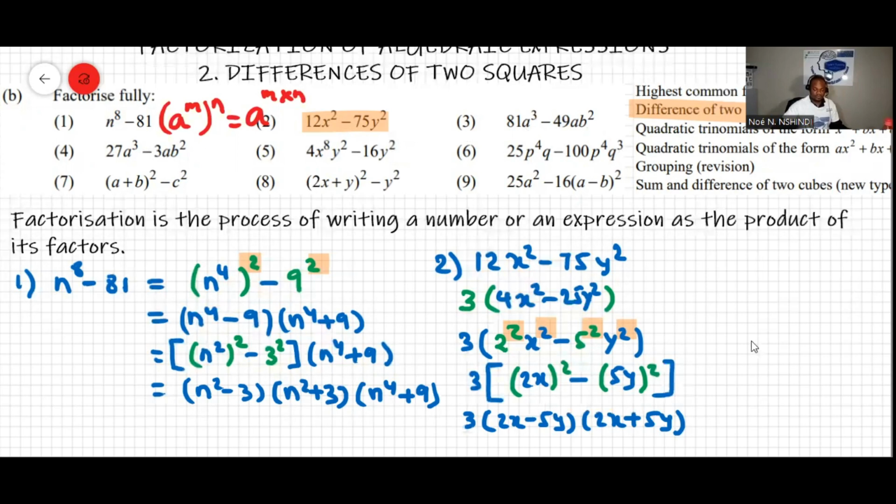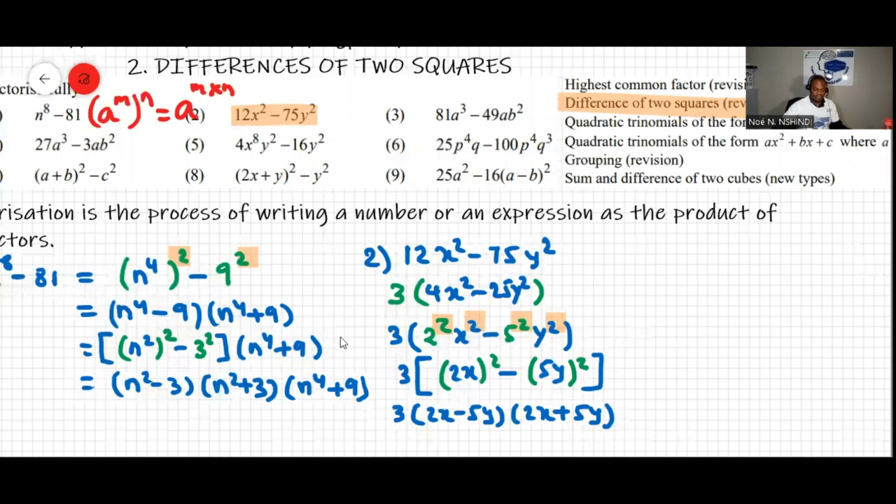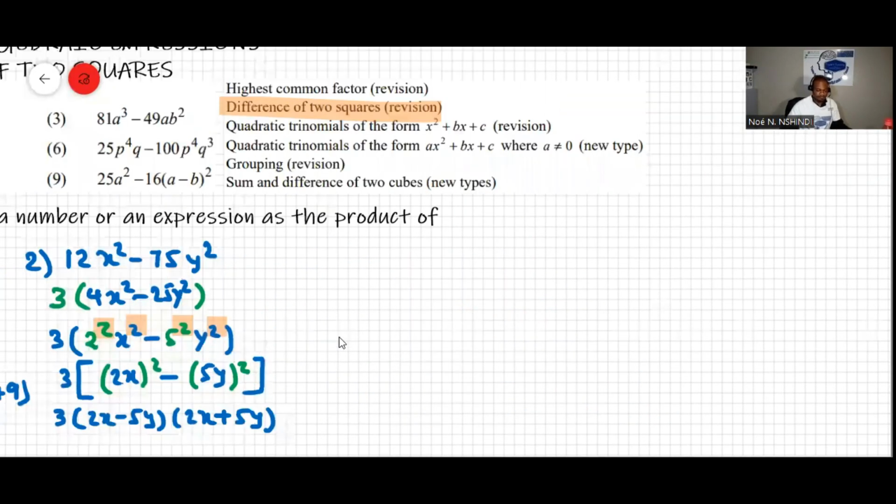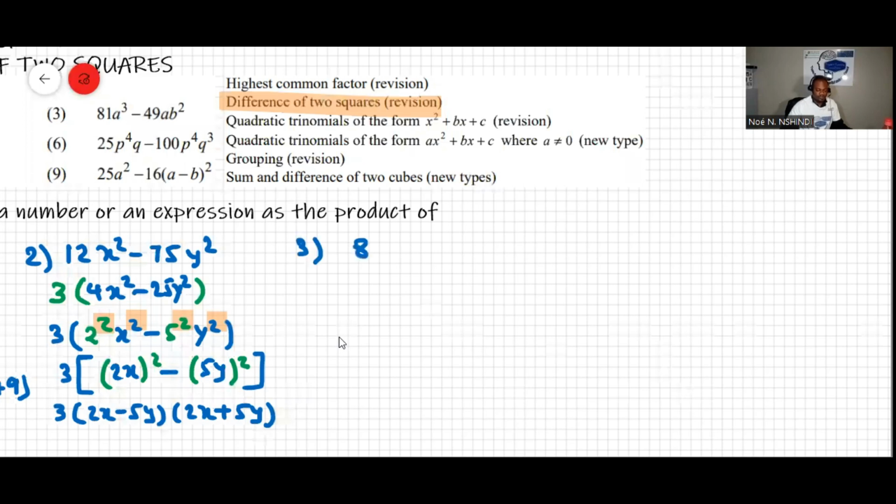We can do question 3 also. Over here, 81a cubed minus 49ab squared. Now we can see that 81 is a square of 9, so we can say 9 squared.